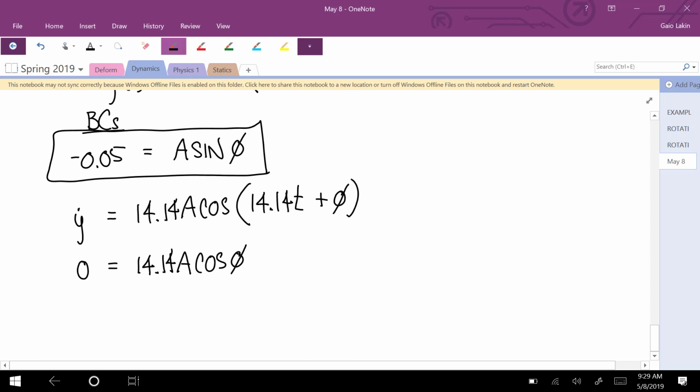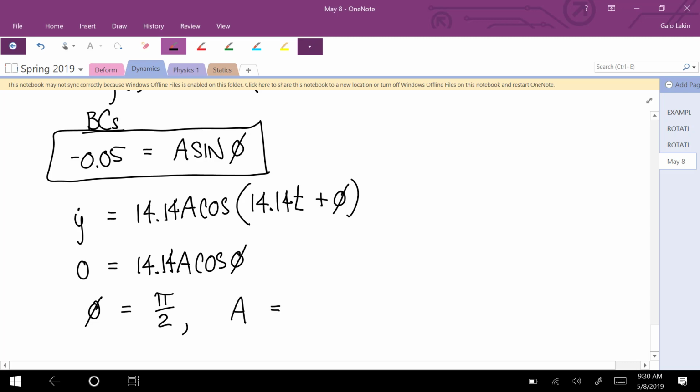So again, I guess it's always the case that if the thing is just pulled to a location, pushed to a location, or put in some fixed location and released from rest, you can always use phi equal to pi over 2, because it's just going to be a cosine function. And so phi is equal to pi over 2.